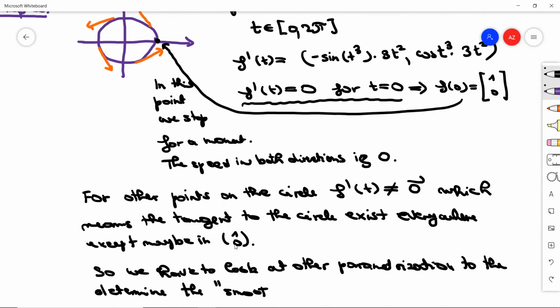So to determine the smoothness of the circle in 1, 0, one other parameterization would be cosine t, sine t. For this parameterization, even in this point 1, 0, we would get a non-zero velocity vector, which means that the curve is smooth also in this point 1, 0.